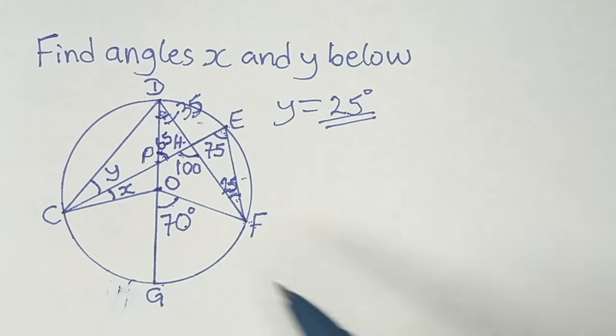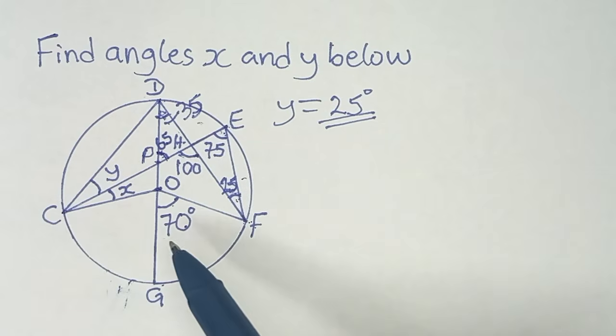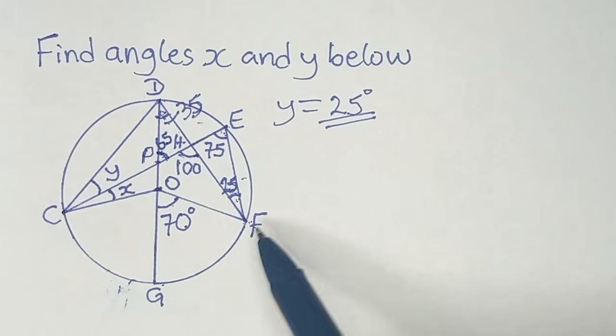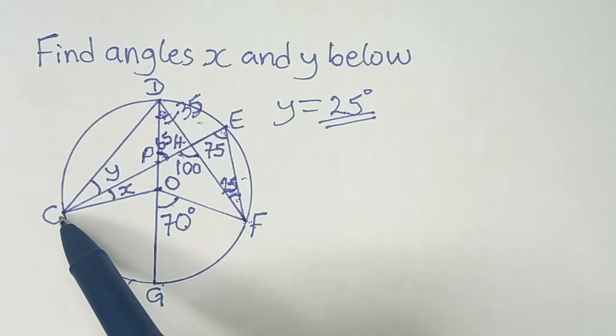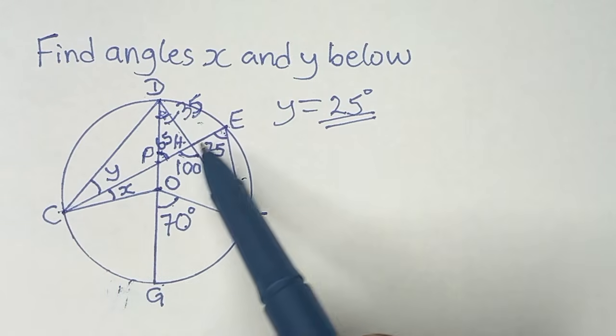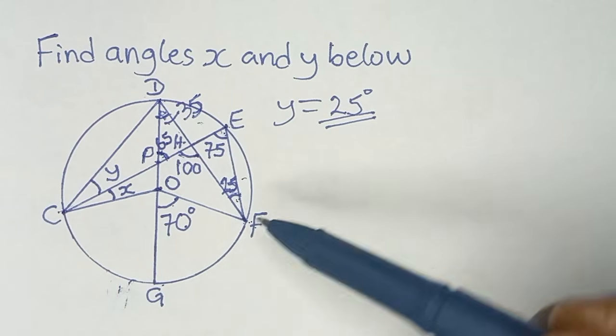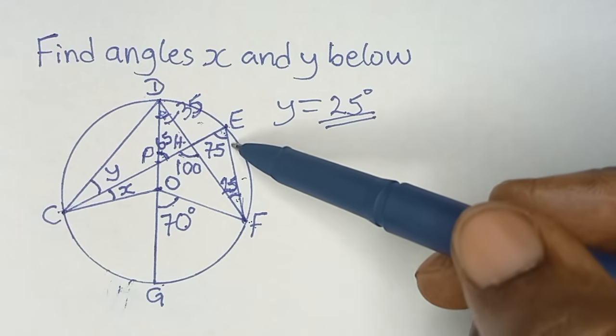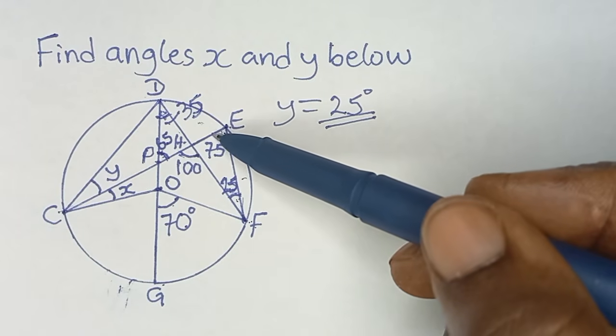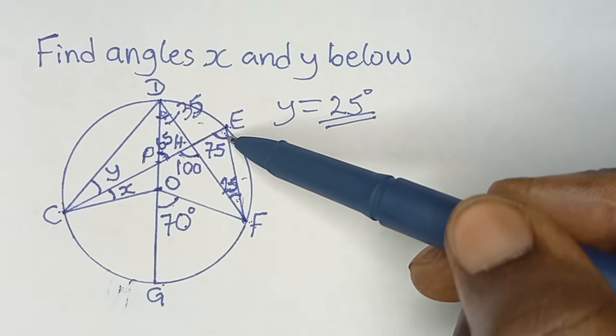Then now, let's look at this angle here. Using point C and F, I have these two lines going to the circumference, and together they form this 75 degree.